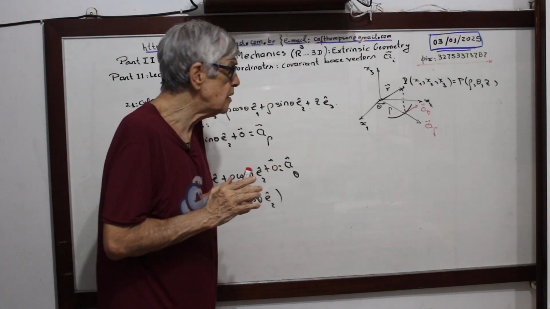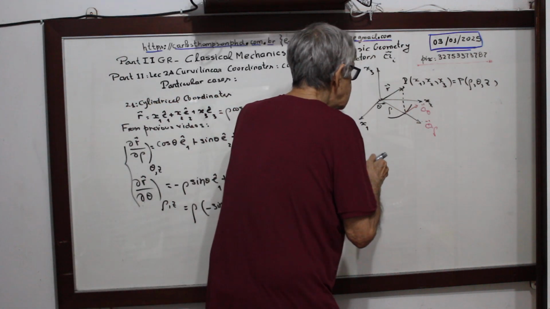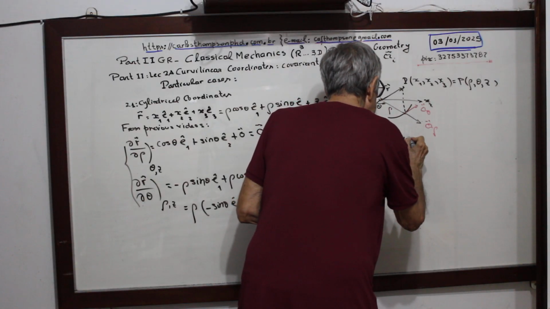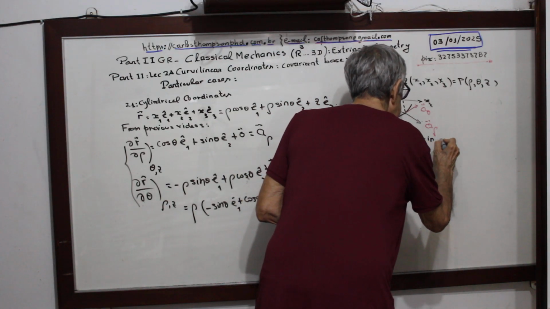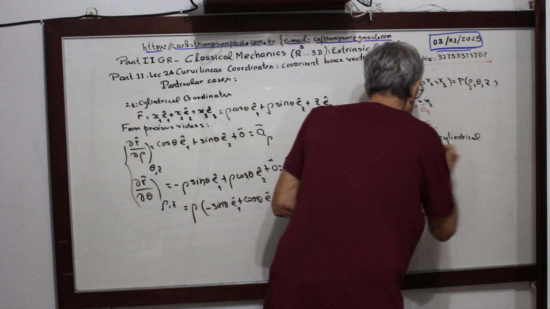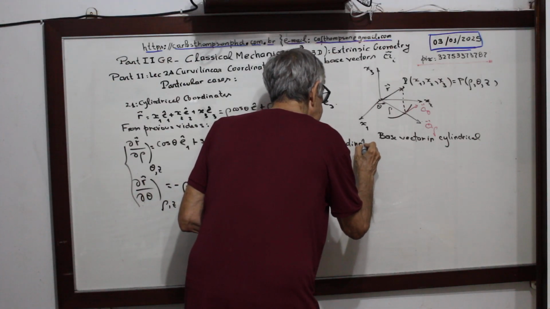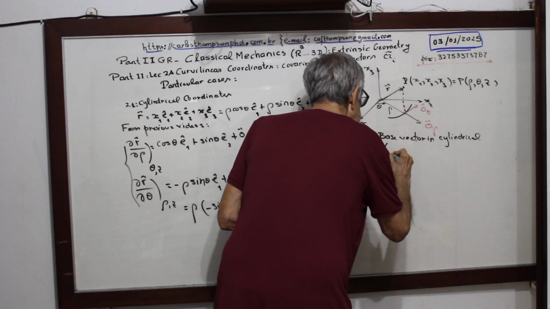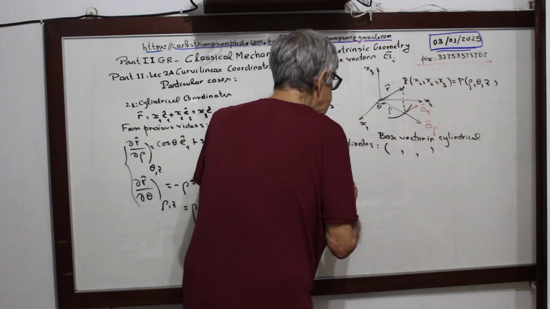Now how can I find some properties of these two vectors? So these are the base vectors in cylindrical coordinates. Look at that.